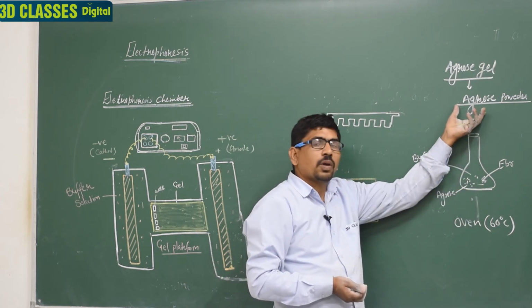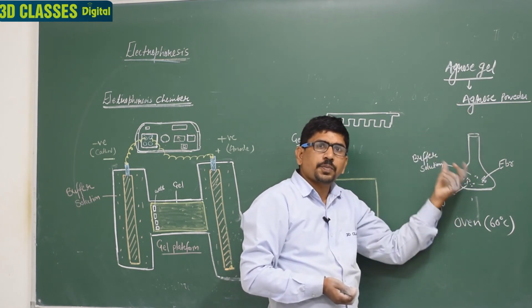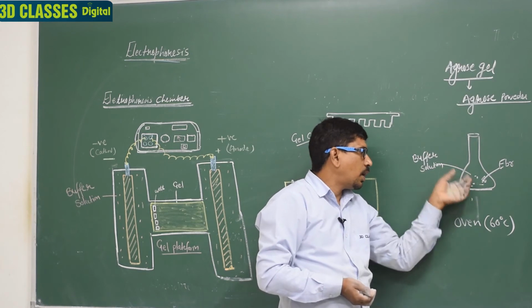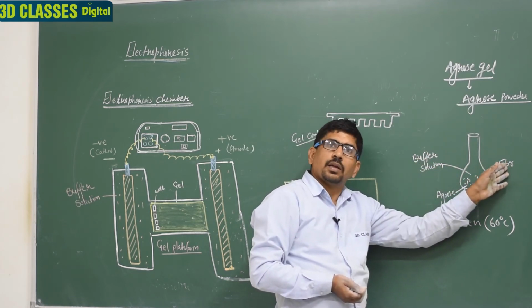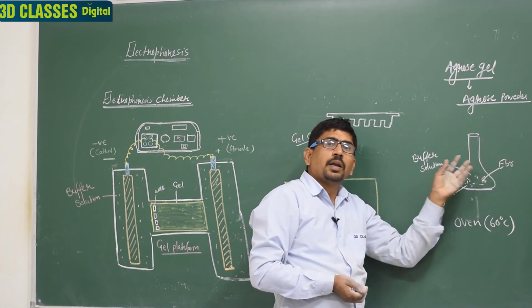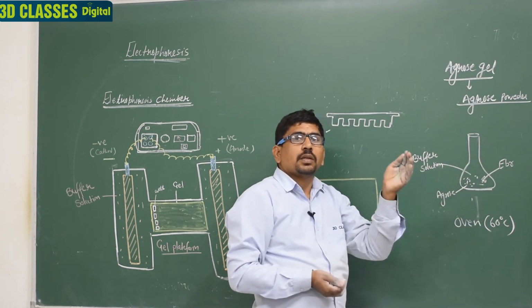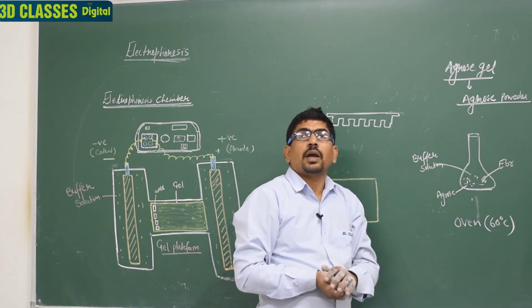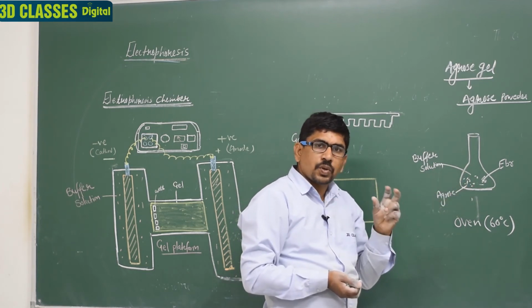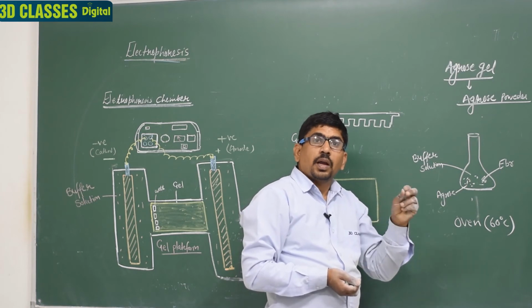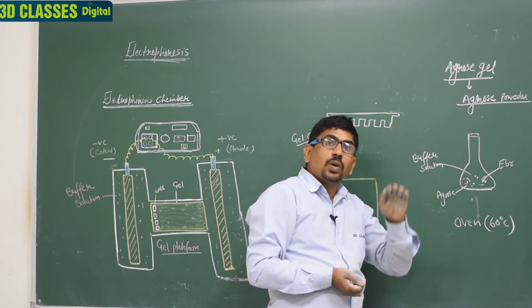We take the agarose powder and buffer solution in a particular ratio, then the EtBr dye, ethidium bromide dye, and this conical flask is put in the oven at 60 degrees for 10 minutes. So a liquid is formed, and this liquid is cooled down.